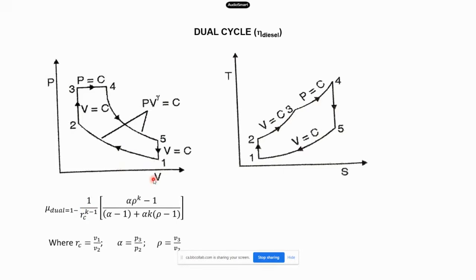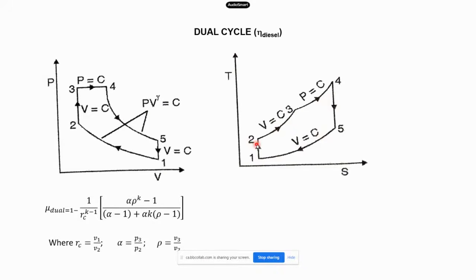But for now, you should know that you can calculate the pressures, the volumes, and the temperatures. Another importance of the TS diagram: in this TS diagram, we now have 5 temperatures, T1, T2, T3, T4, and T5. If you draw this sketch when answering questions, you know that T5 is slightly higher than T2, and T3 is between T5 and T4.